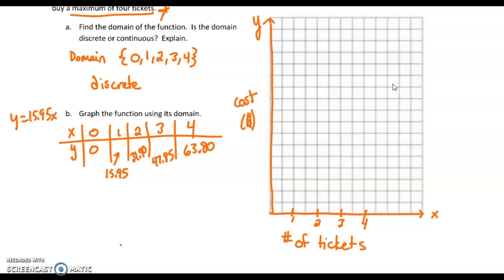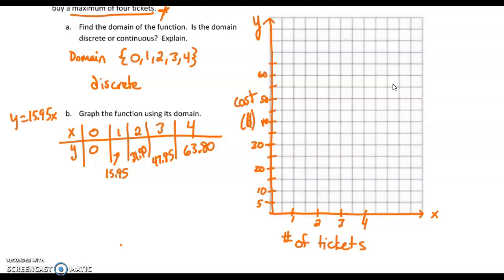So looking at this, if I did tens, that's going to be 10, 20, 30, 40, 50, 60. That'd be right here. That just seems like I'm not making enough room. Let's go by 5s. So this would be $5. This would be $10, 15, 20, 25, 30, 35, 40, 45, 50, 55, 60, and 65.